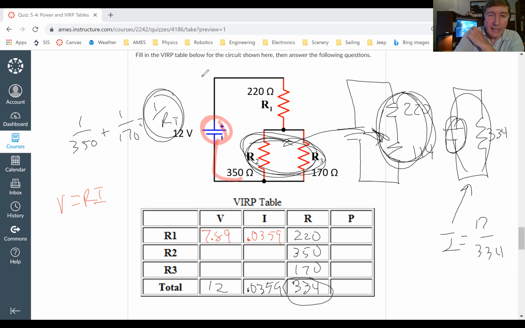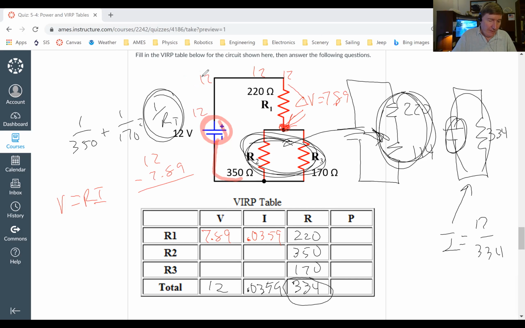Okay, so the voltage across this guy, delta V, is 7.89. So if we started off with 12 volts here, 12 volts here, 12 volts here, 12 volts here, when we cross over to here, we're going to lose 7.89 volts. So if I just take 12 minus 7.89, that will tell me what is the voltage, the absolute voltage right there.